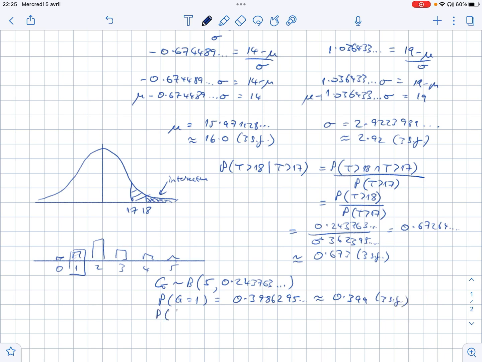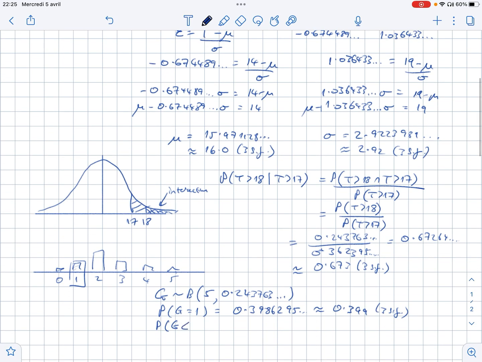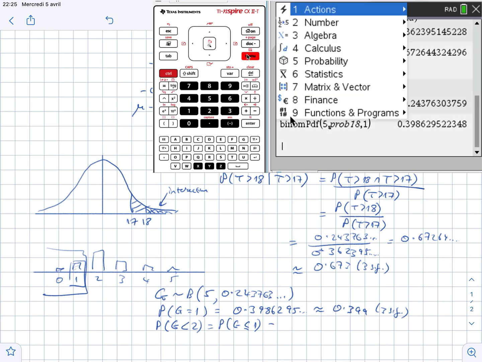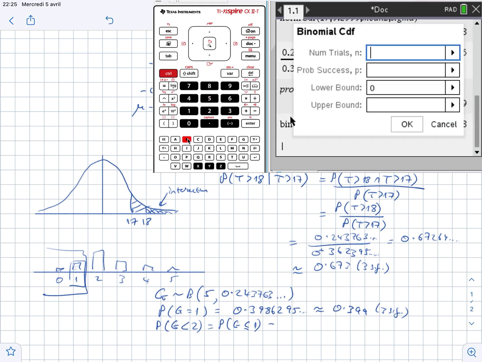Now the probability that G is, it says, fewer than 2 times, so less than 2. Less than 2 is actually this. So I actually want the probability that G is less than or equal to 1. Watch out, it's now discrete, so I can't use actual values. Less than 2 is now a CDF, so menu 5, 5, CDF is B. Number of trials is 5.